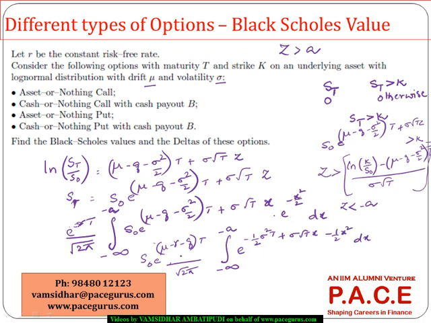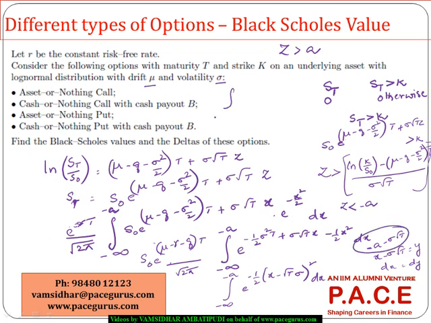Now keeping this part aside, this is becoming e to the power of minus half into (x minus sigma root t) whole square dx, integrated from minus infinity to minus A. So when I take x minus sigma root t equal to y, dx becomes dy, and the limits will become minus infinity to minus of (A plus sigma root t), e power minus half y square dy.